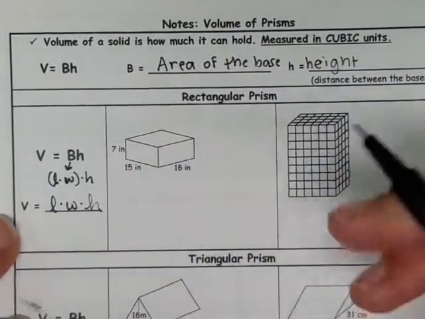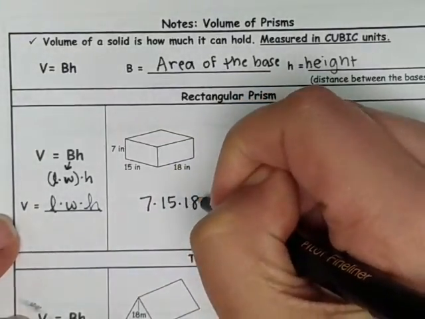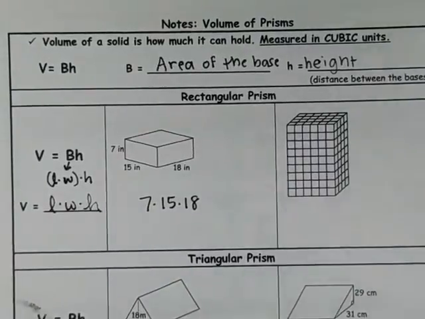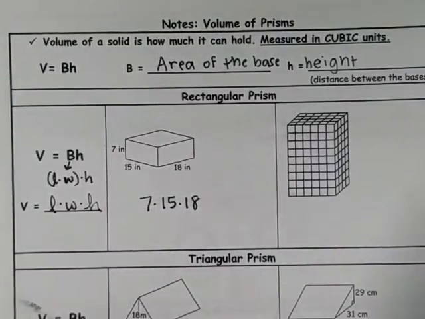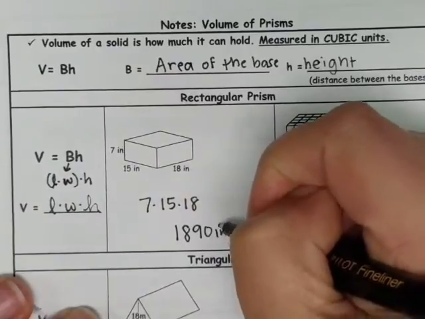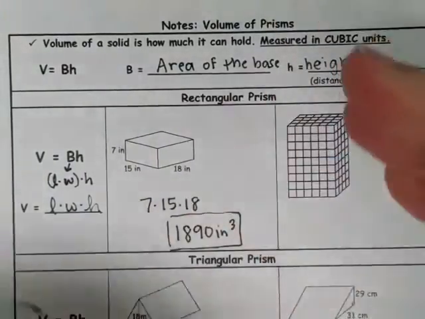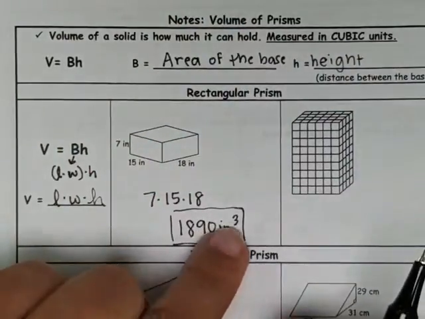So for this problem right here, we would just do 7 times 15 times 18, and then when you multiply those three numbers together, your product is 1,890 inches cubed. Since we are finding 3 dimensions, it is going to be to the third power.